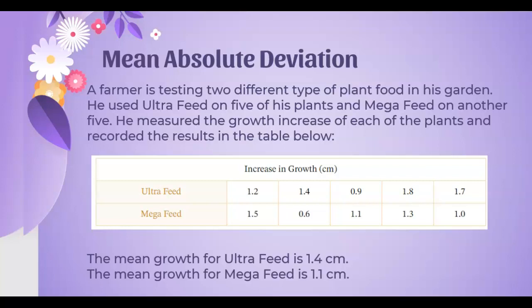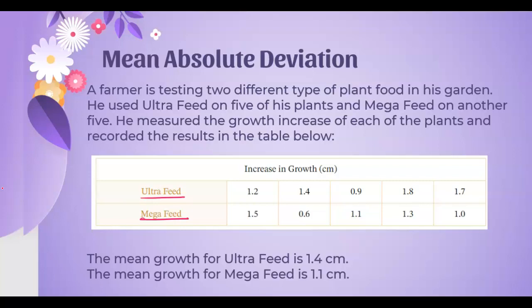Alright, here's one more. A farmer is testing 2 different types of plant food in his garden. He used ultra feed on 5 of his plants and mega feed on 5 other plants. He measured the growth increase of each of the plants and recorded the results in the table below.